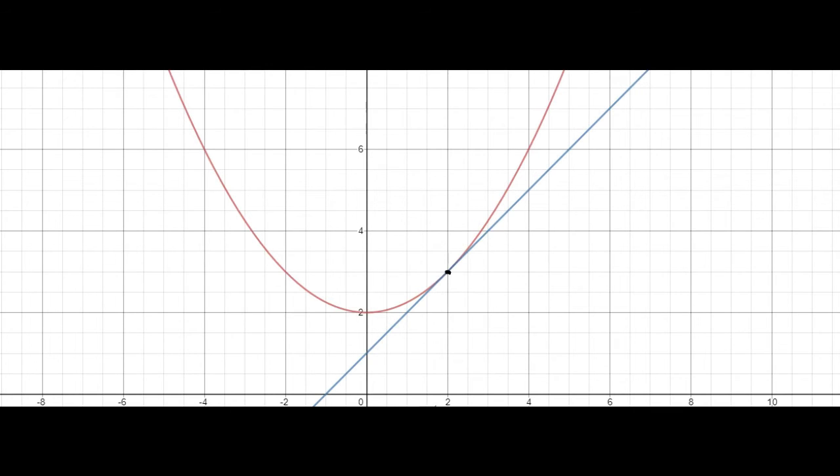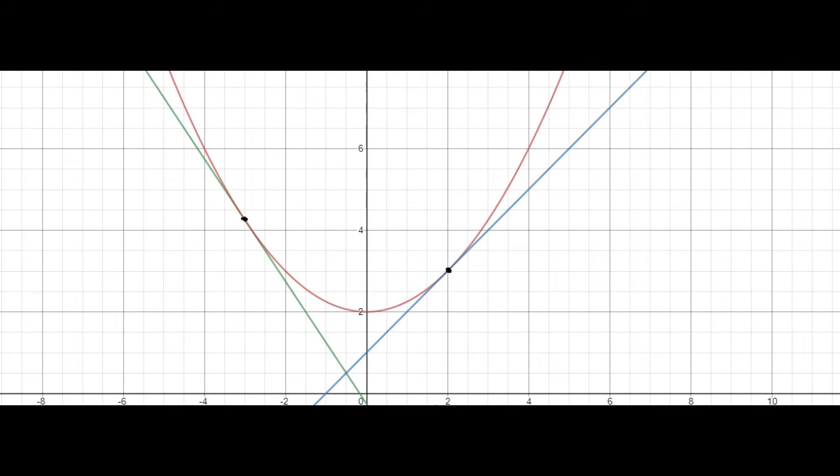Now let's look at what happens if we add another line in. If we look at the green line, we can see that it just barely grazes that red function at x equals negative 3. So this is the tangent line to the function at x equals negative 3. If we compare the green and the blue lines, we can see that the slopes are quite different.